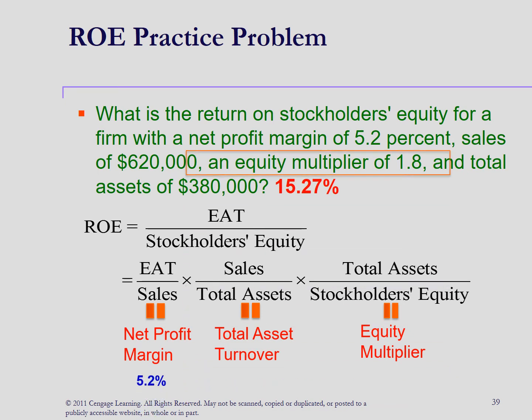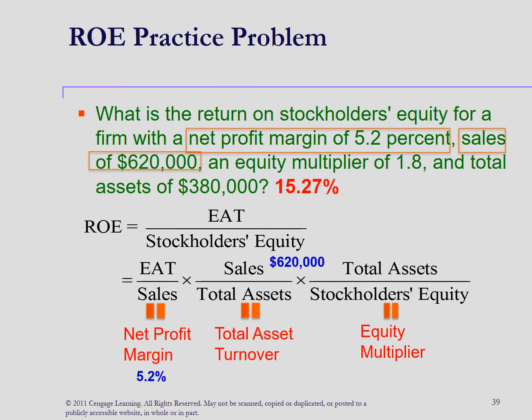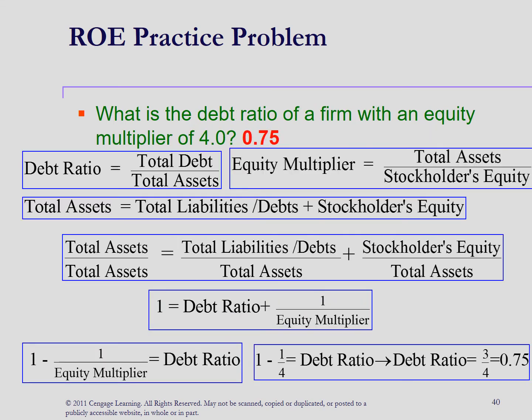We have a net profit margin of 5.2%, sales of $620,000, total assets of $380,000, and an equity multiplier of 1.8. After calculation, the return on stockholders' equity is equal to 15.27%.